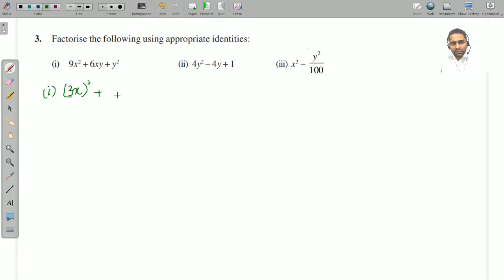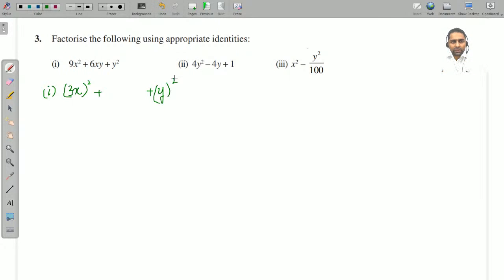Okay, plus, I'm going to just leave some space, and you just get the idea, like both the ends are covered. There are three terms, and which identity contains three terms in its output? The first thing you can think like that, and second thing, there are two squares and there is one term which is without square.